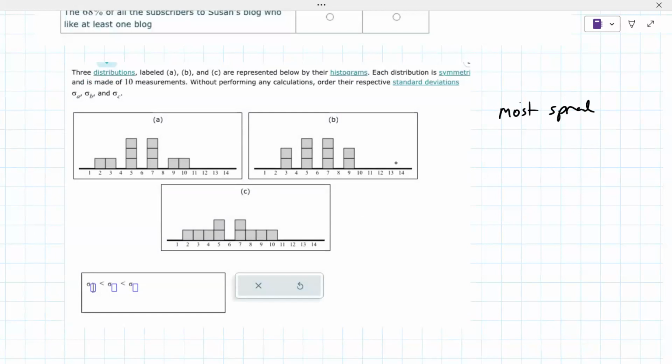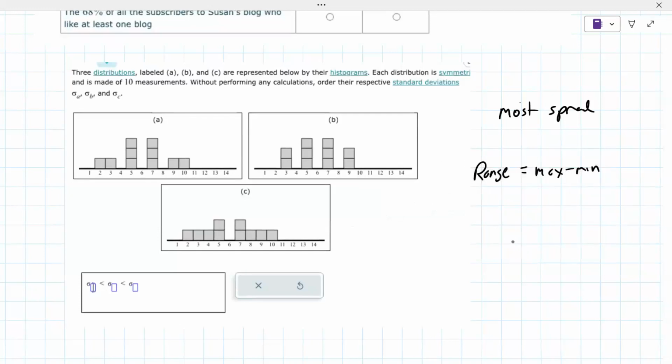And a quick way to do it is to look at the range, but that doesn't work all that well always. But it's a good place to start. So the range, did you talk about the range at all? No. Okay, so the range is the max minus the min.